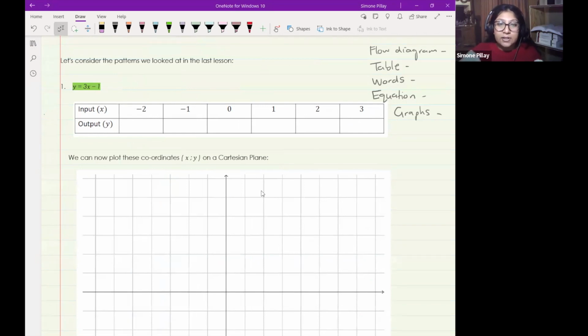So first things first, as we know, we need to fill in this table, and we did it last week, but for anybody who wasn't there, we're not going to leave you left out. What we do is we take our equation, y is equals to 3x minus 1, and we substitute our inputs into that equation. So wherever I see x in my equation, I'm going to substitute -2.